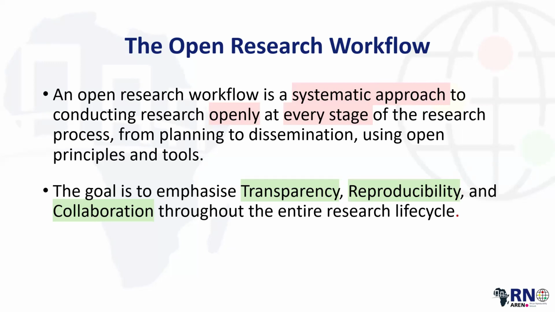That's the general idea. The reason we say it's a systematic approach is that it doesn't just happen. Knowing about open access, open data and open peer review doesn't mean it will automatically happen when you decide to conduct research. It's something you have to consciously decide and plan on.